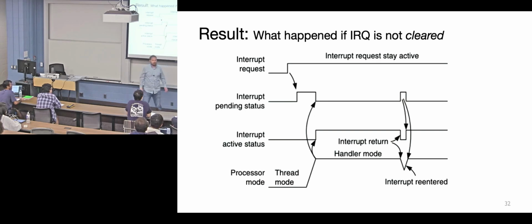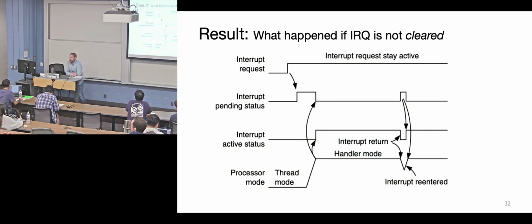Doesn't the interrupt re-entry go all the way back down to thread mode? We're going to talk about that later. There's a trick here. One of the tricks would be you could go all the way back down and unstack, and then you have to restack. So we call it tail chaining. It'll be at the end of this lecture. Basically, there's a shortcut if you know there's another interrupt right there.